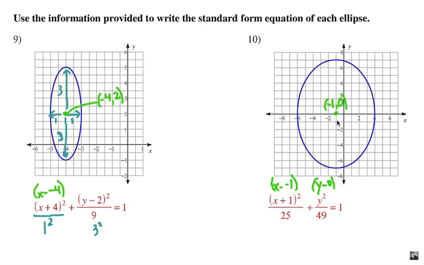At the bottom we have 25, which comes from 5 squared, and 49, which comes from 7 squared. So the a value is 5 going in both of those directions and 7 going up and down. It's just a matter of counting boxes and checking out what you've got. Putting in the equation, that's what it's going to look like.